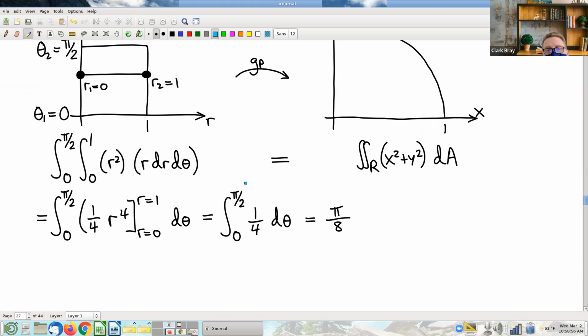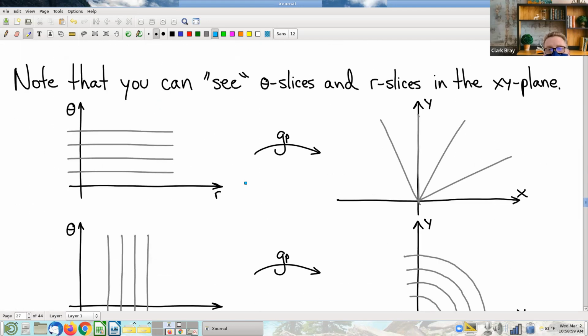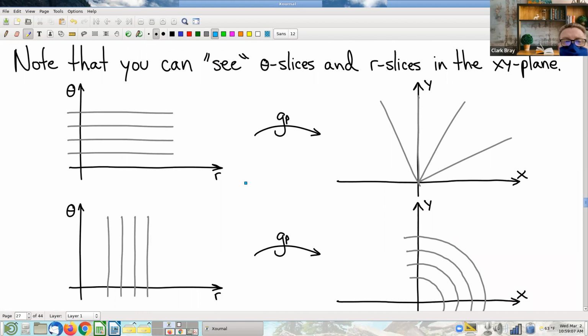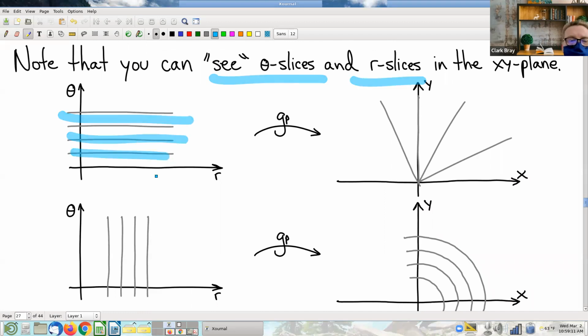Okay, now there's a really nice geometric observation I'm going to make at this point that's going to save us tons of trouble. And that is to point out that we can see theta slices and r slices in the xy plane, right?